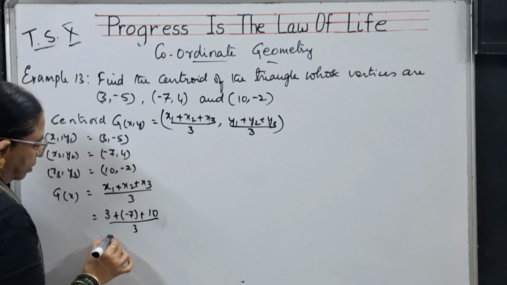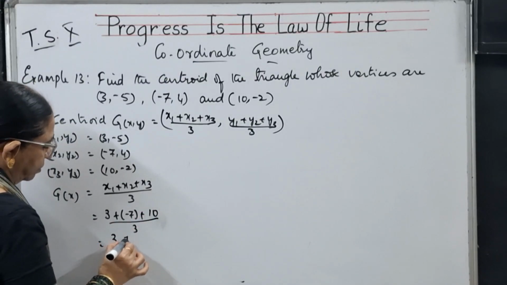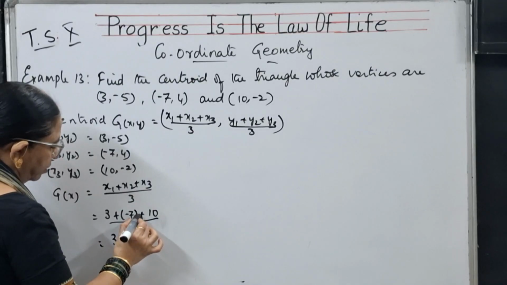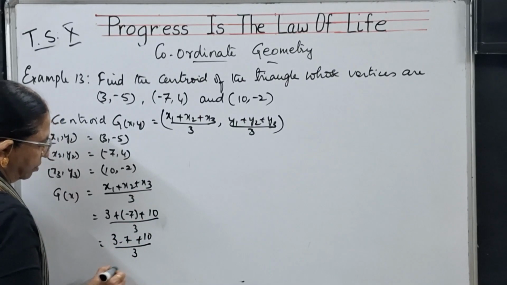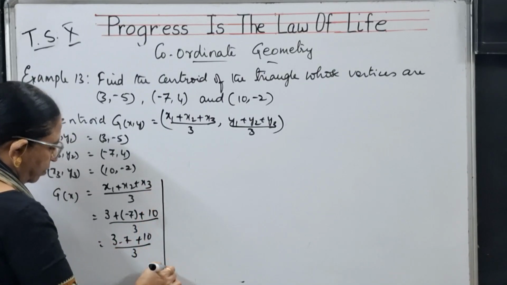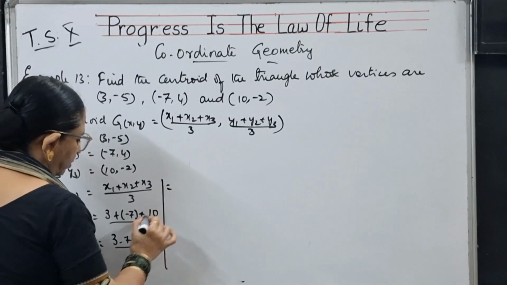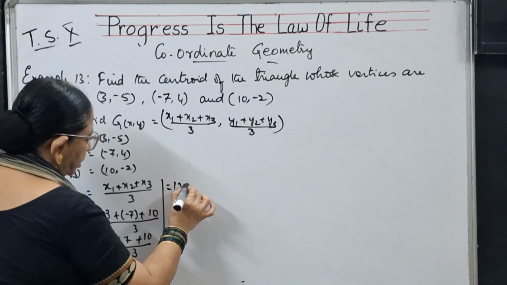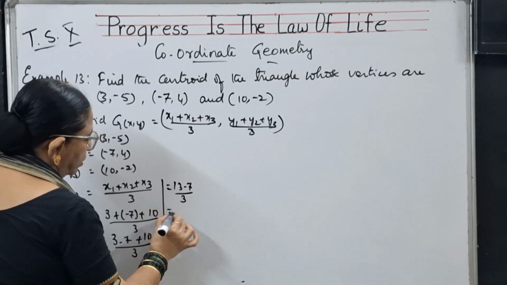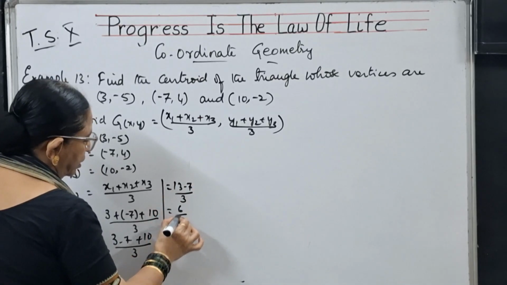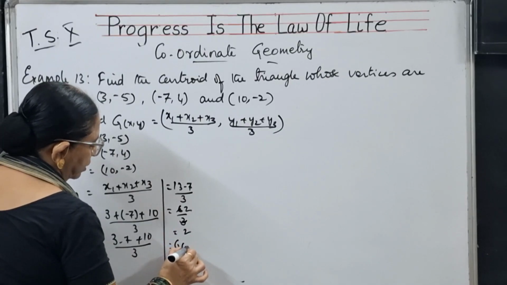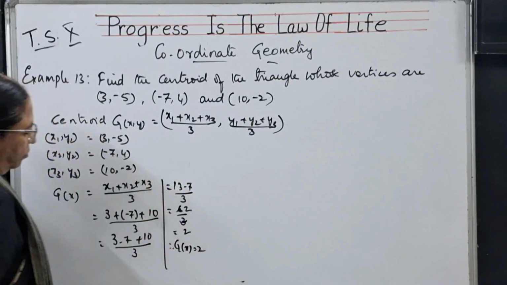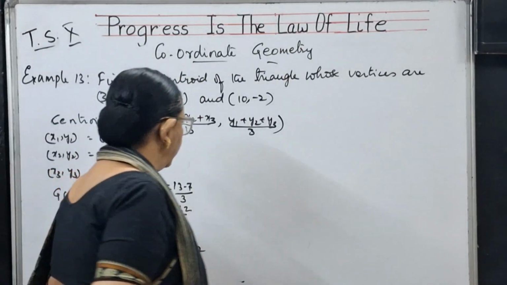That is (3 minus 7 plus 10) by 3. This is equal to 10 plus 3, 13, minus 7, by 3, that is 6 by 3, that is 2. Therefore, G of x is equal to 2.